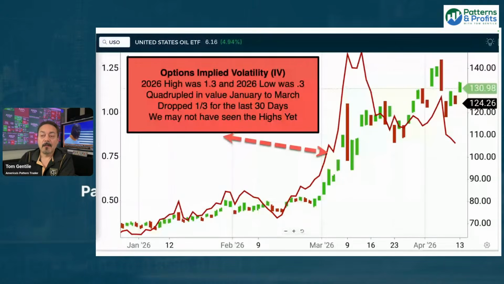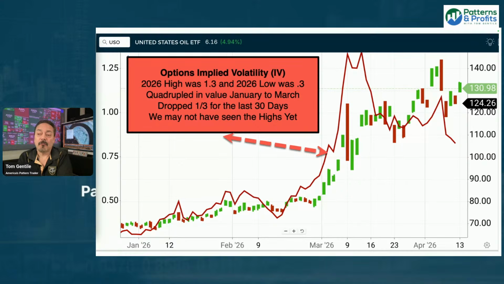So a couple of notes that I have on the chart that I want to make sure you get. Number one, the high so far this year for USO's implied volatility was 1.3. The low for the year was 0.3. That was back in January. We have quadrupled in value. The time value on the at-the-money options has quadrupled between January and March.